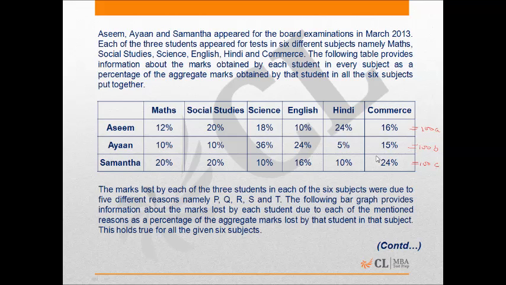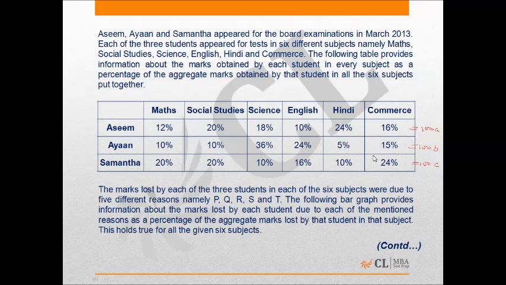Next, the marks lost by each of the 3 students in each of the 6 subjects were due to 5 different reasons, namely P, Q, R, S and T. The following bar graph provides information about the marks lost by each student due to each of the mentioned reasons as a percentage of the aggregate marks lost by that student in that subject. This holds true for all the given 6 subjects.